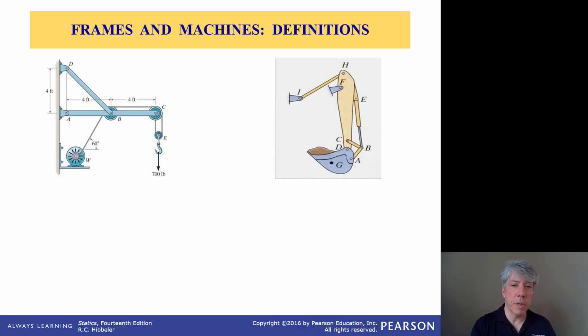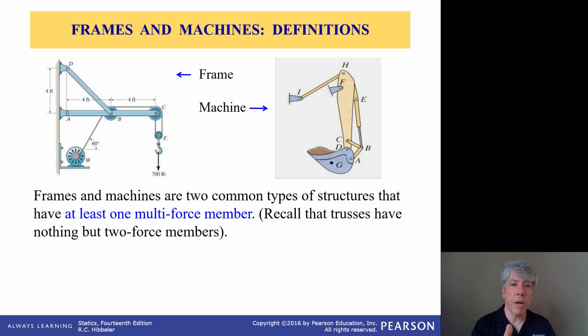All right, so here's the definition. When we're talking about a frame and a machine, the distinction between a truss and a frame is that a frame has at least one member that is not a two-force member, that is a multi-force member, with at least three forces. So that's the distinction. Remember that trusses have only two-force members.